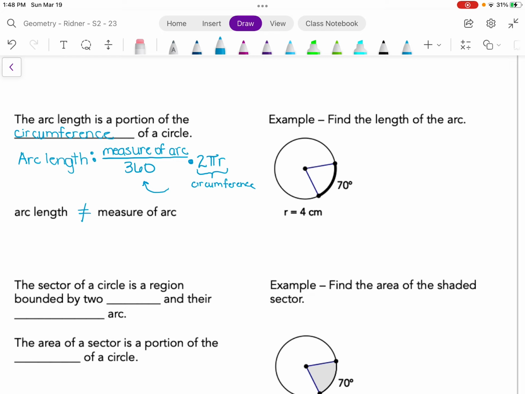Okay, so if we want to find the length of the arc, we're going to do 70 over 360, because we know this piece is 70 degrees, times 2 pi, and r is 4.